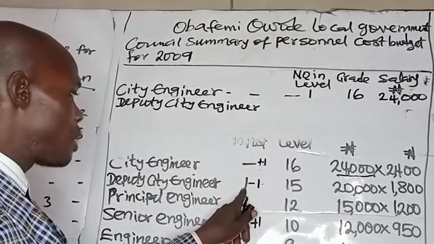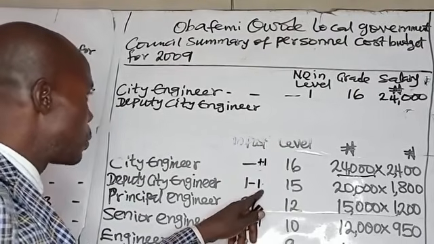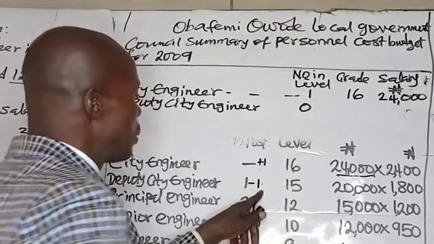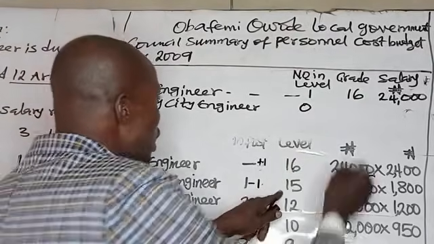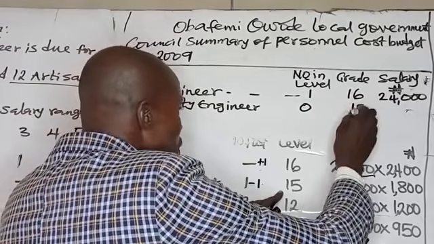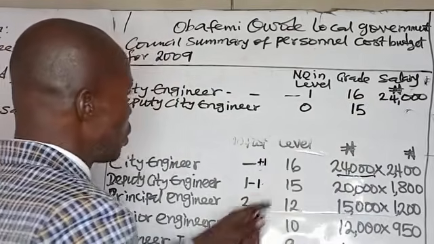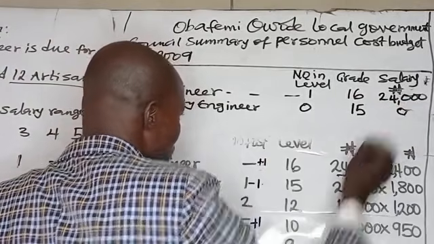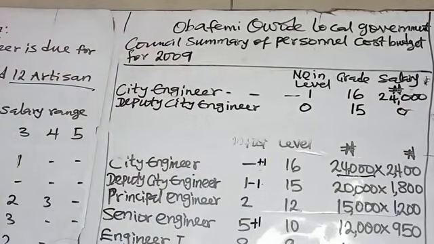So that is why you are having 1 minus 1, which will be 0. So the number in that level now will be 0, and that level is grade level 15. So nobody is in that position, so the salary at that position will be nil. That is for deputy city engineer.